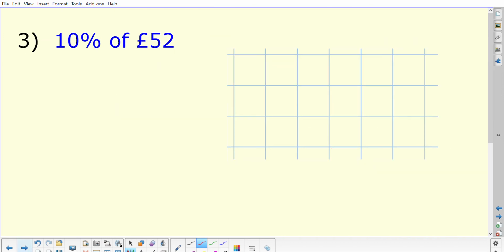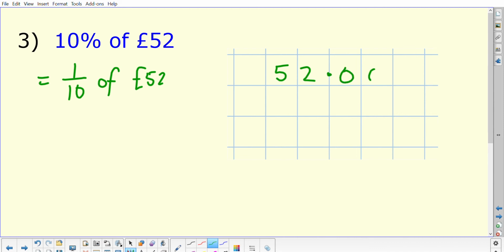And number 3, you've got 10% of £52. So as we've just said, every time you see 10%, you want to think that's the same thing as a tenth. How do I do a tenth? So here, I would be writing down your £52 like this, 52.00, and we know that we have to divide by 10.